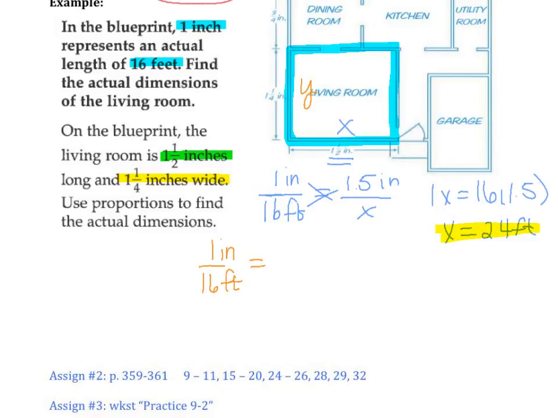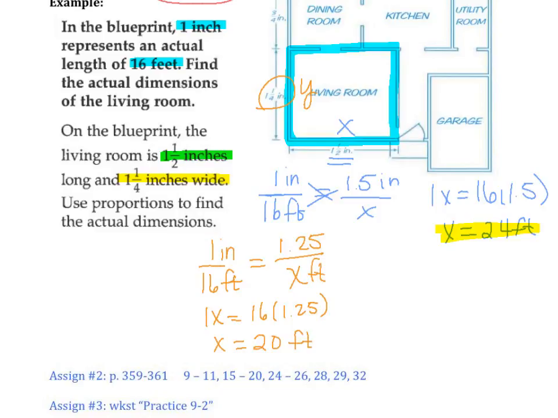And we're going to set that equal to, now this time we're going to use that 1.25, which is our 1/4 inch, to some number of feet. Looking to solve that, I've got 1x is equal to 16 times 1.25. 16 times 1.25 is equal to 20. And I'm going to label that with feet since that's what we're looking for here. That's what our x is.